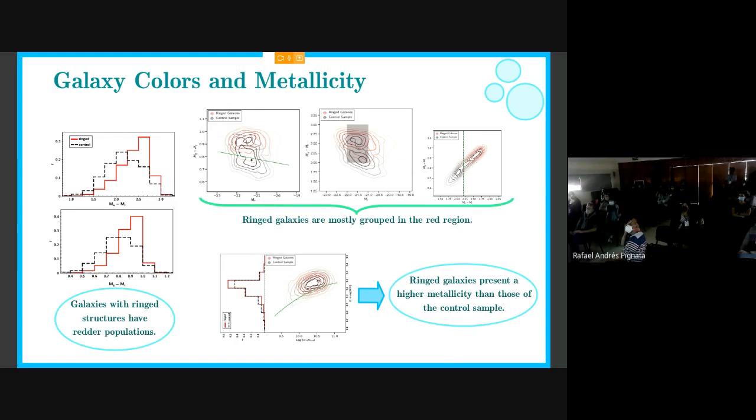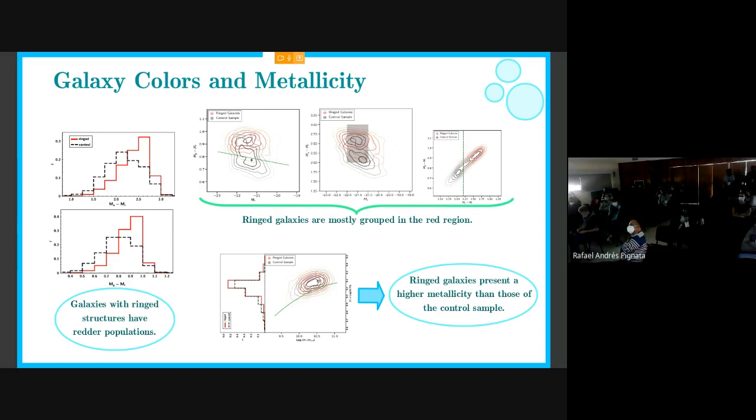With respect to the influence of ring structure on galaxy color and metallicity, in this slide we present the distribution of these parameters, finding that galaxies with ring structures present redder populations, plotted with red lines, and high values of metallicity.